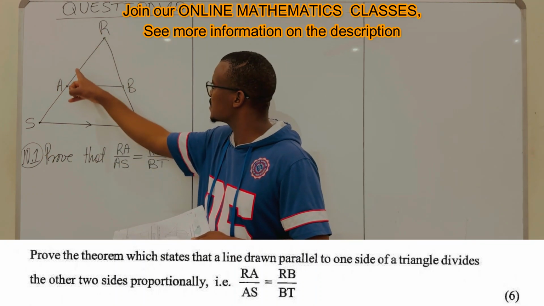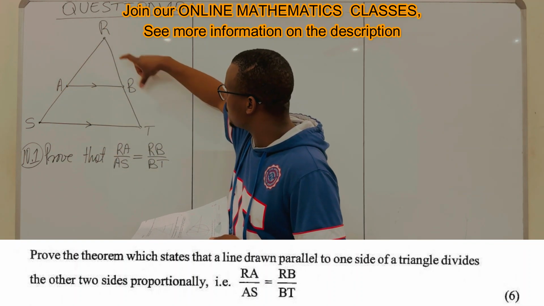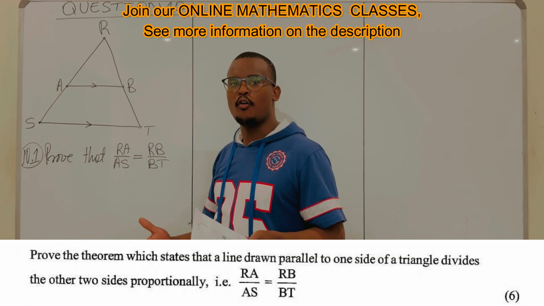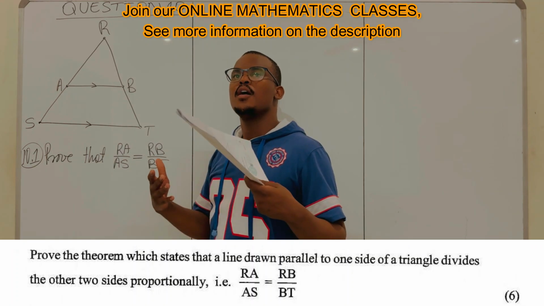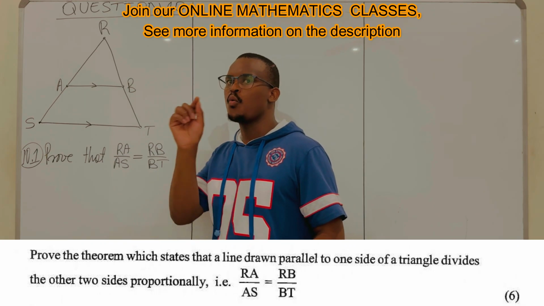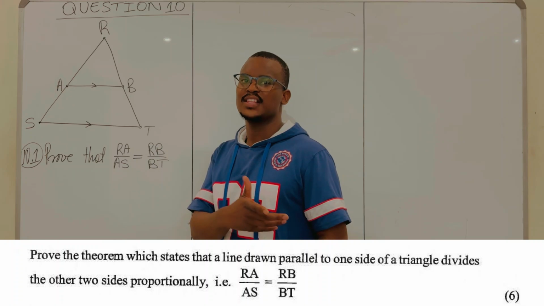It's the ratios of those lengths, your RA to AS and that RB to BT, that are equal. So for example, your 2 over 4 is equal to 1 over 2. But it doesn't mean your 1 is equal to 2 and your 2 is equal to 4. That's what I'm trying to say.